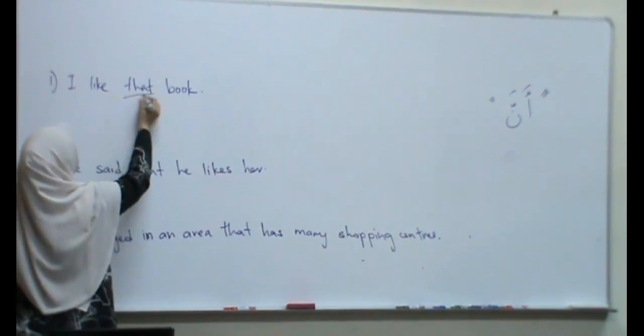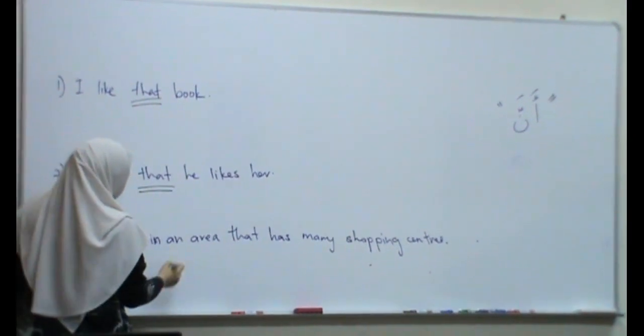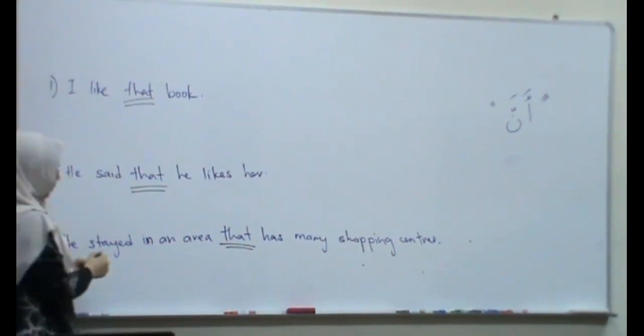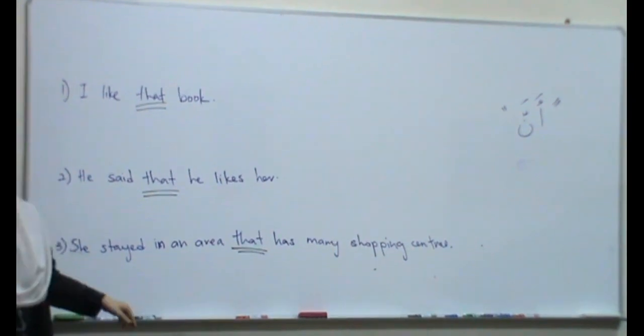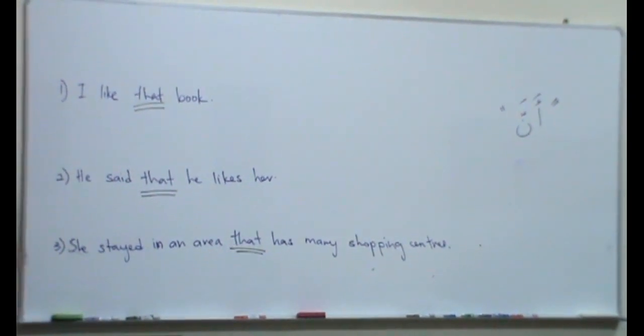The first one, that. The other one is that. The other one is that. So how do you differentiate? Even in English we also use this one, right? So the first one, how do you translate it into Arabic?